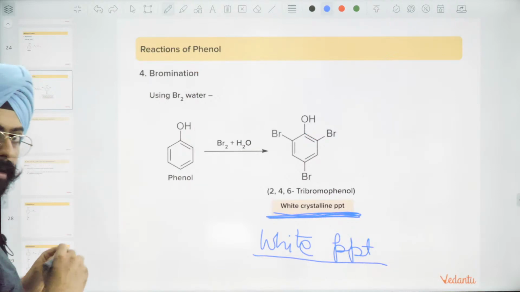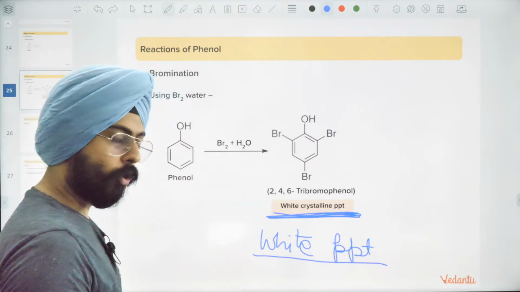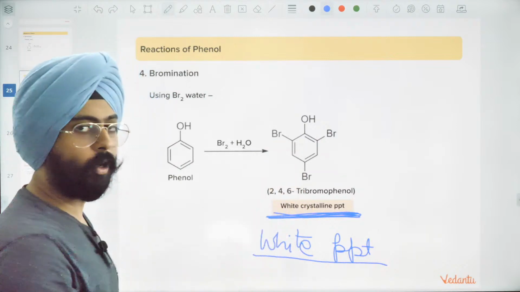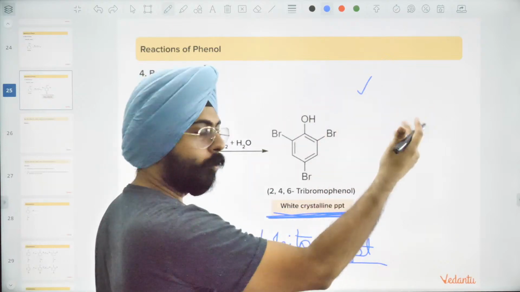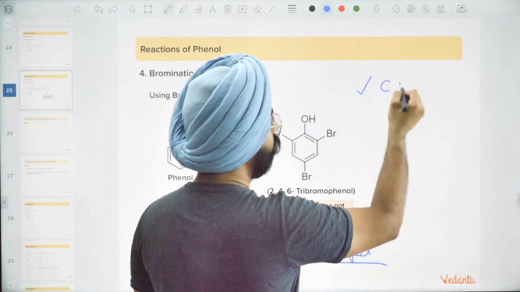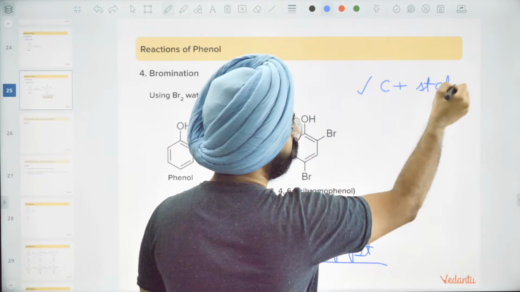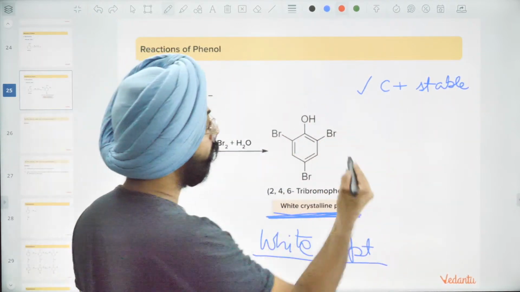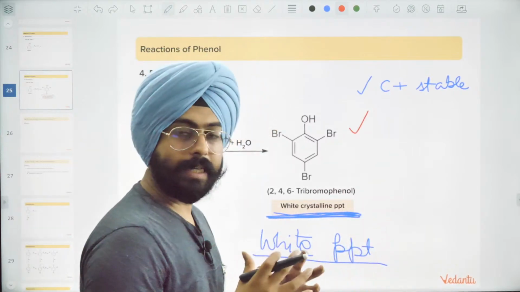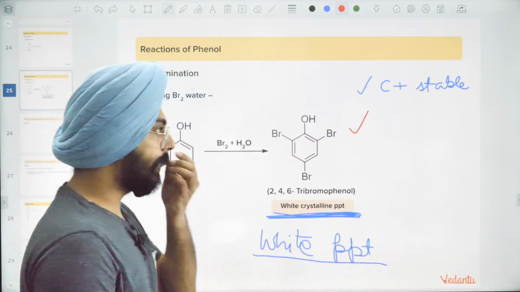So one of the reasons of formation of this tribromophenol is, एक reason क्या हो गया अपने पास, that there is polar protic solvent, so my carbocation is stabilized. That is one reason. There are more reasons. One more reason is, see, water has a high dielectric constant.